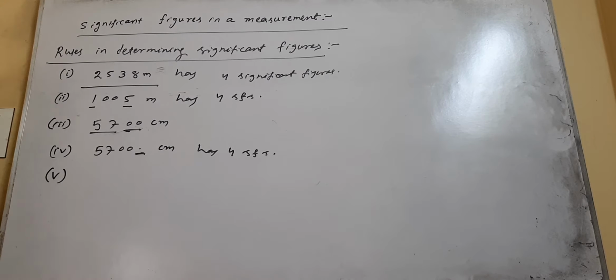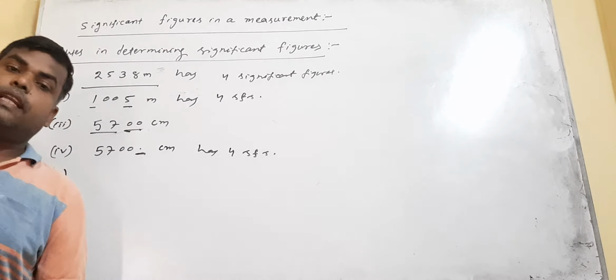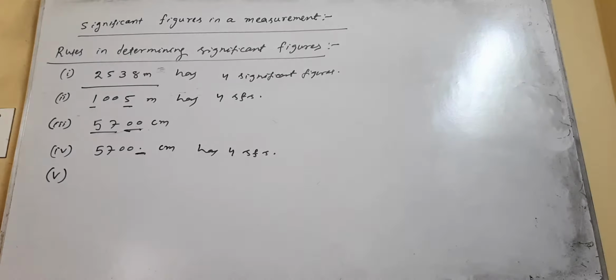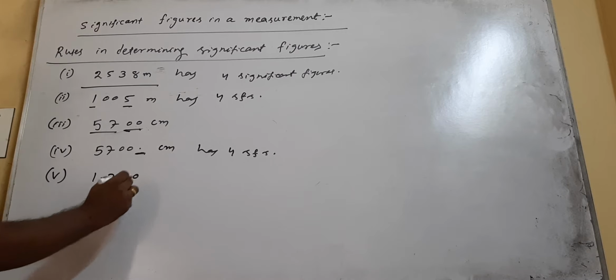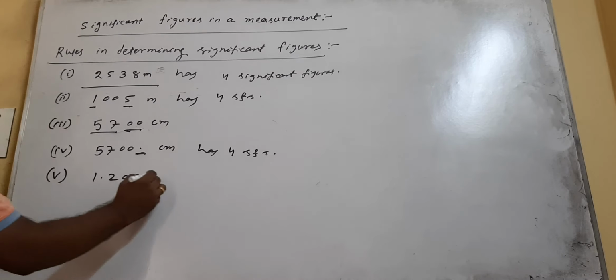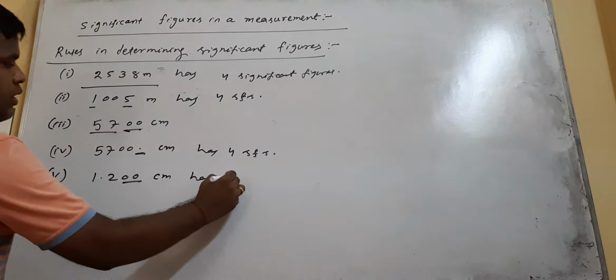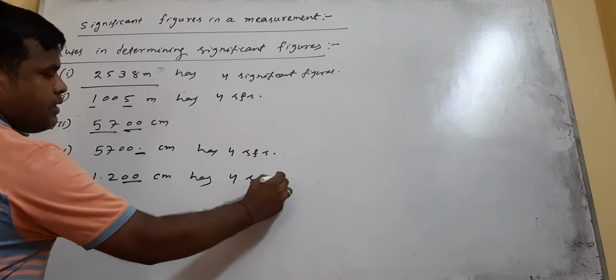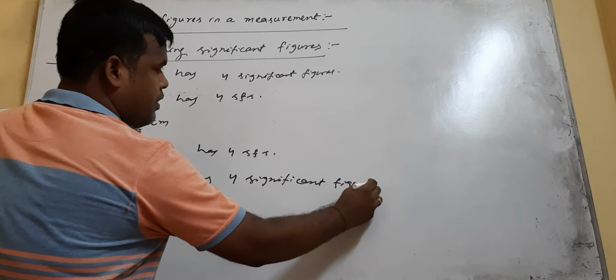The zeros after the decimal point and after the last non-zero digit are significant. That means 1.200, these zeros are significant. So 1.200 centimeter has 4 significant figures.